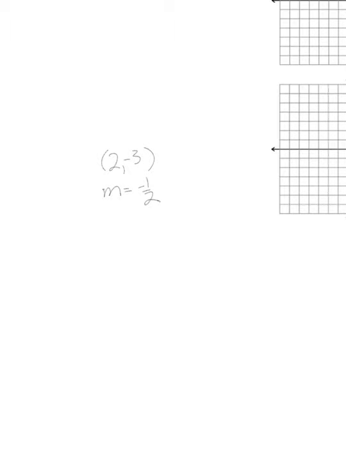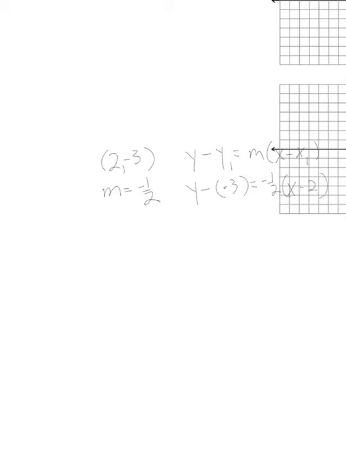So our point-slope form, again, is y minus y1 equals m times x minus x1. So here just plug in our points. y minus negative 3 equals our slope, negative 1/2, times x minus 2.